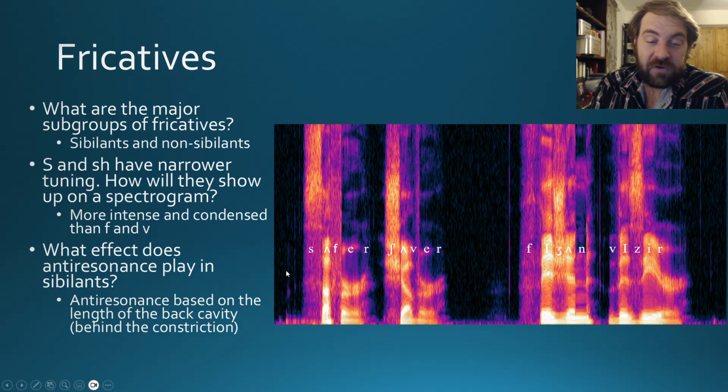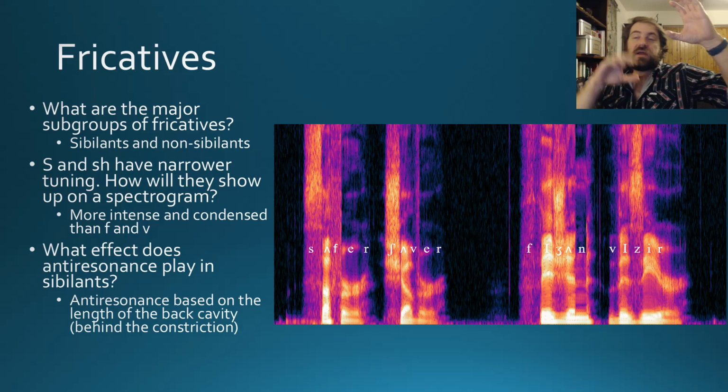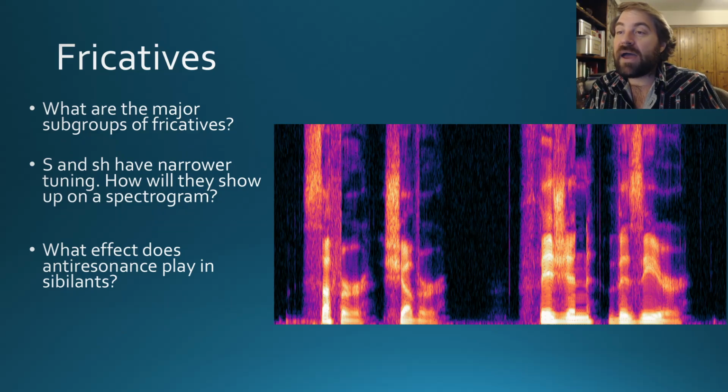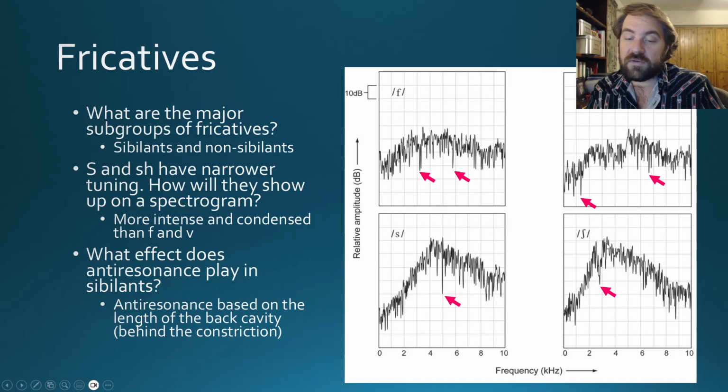Okay, so suffer, shover. Look at the difference between the S and the SH. S, it's a little higher. The peak of energy is a little bit higher. And then sh, it's a little bit lower. If we jump back, you can see the same thing. The S peak is a little bit higher. The SH peak is a little bit lower.